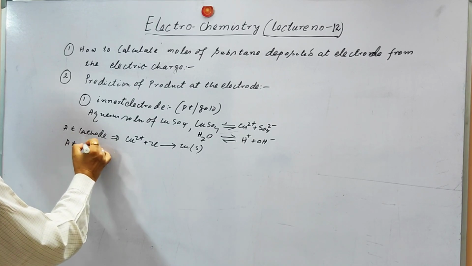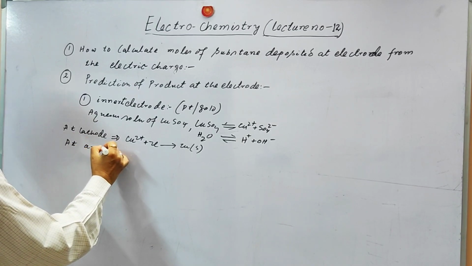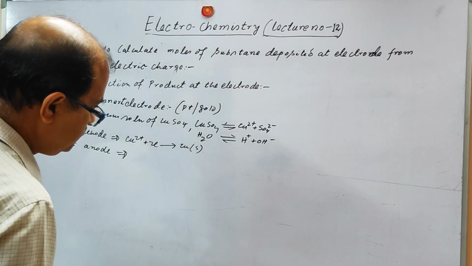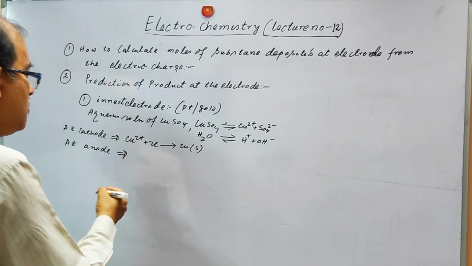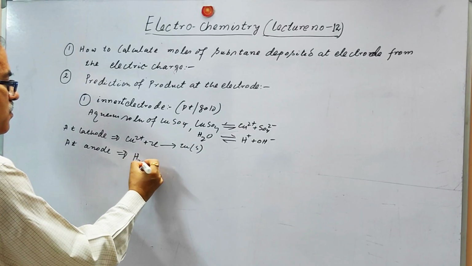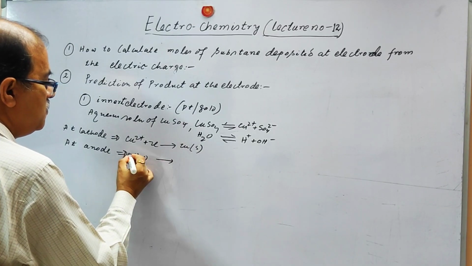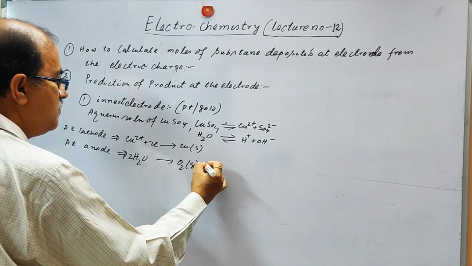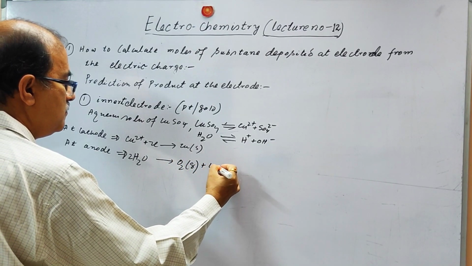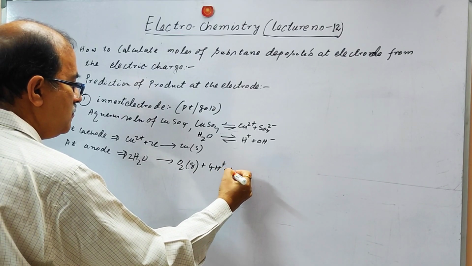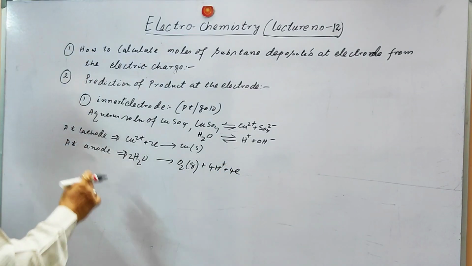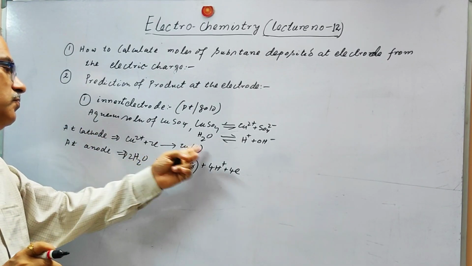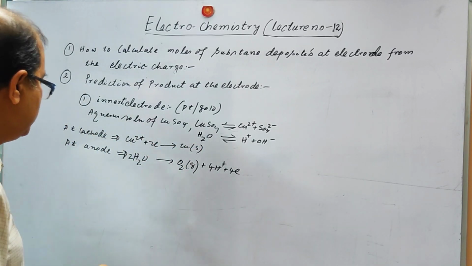But at the anode, H2O is oxidized and it gives oxygen gas as the product. So when we use the inert electrode, at the cathode it will be copper and at the anode it will be oxygen.